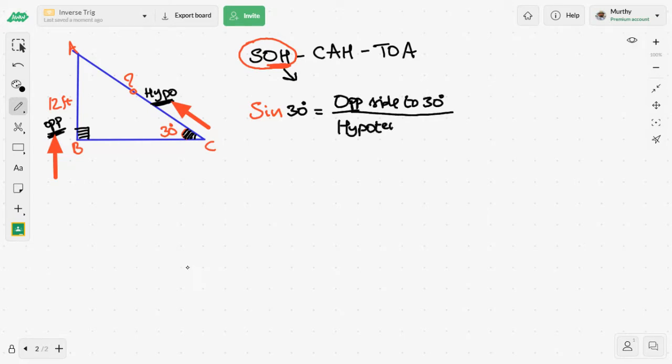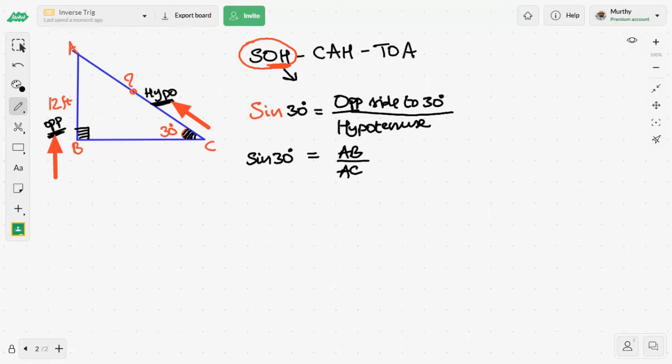So these kinds of questions already we discussed, so I'm not going to spend much time. The opposite side to 30 degrees is AB, and what is the hypotenuse? AC.